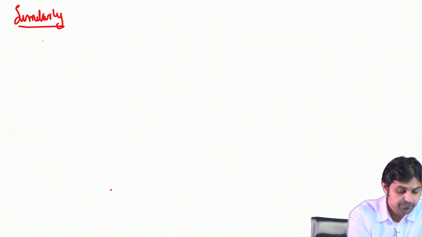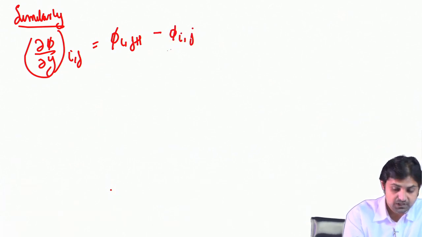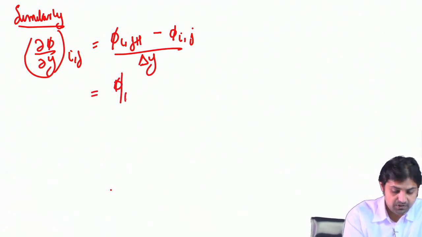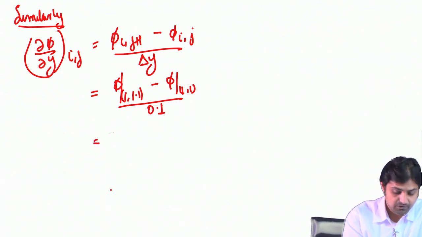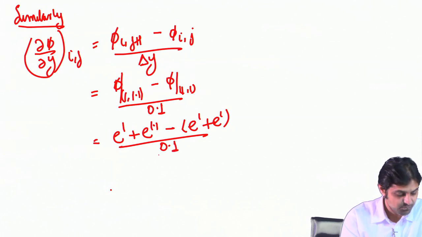So similarly, del phi by del y at i comma j will be phi of i comma j plus 1 minus phi of i comma j divided by delta y, or the value of the function at 1 comma 1.1 minus phi at 1 comma 1 divided by delta y 0.1, or e to the power 1 plus e to the power 1 plus 1 minus e to the power 1 plus e to the power 1 divided by 0.1.